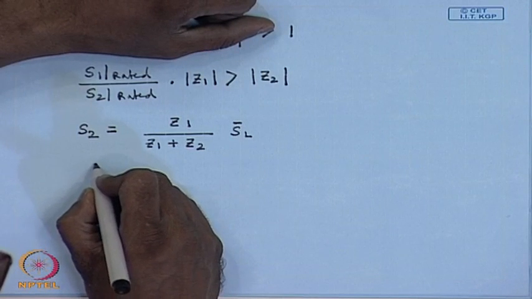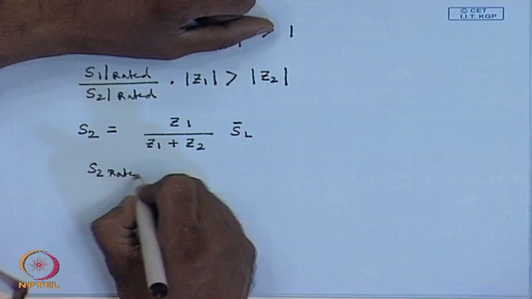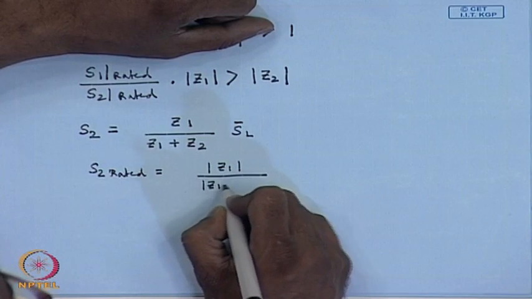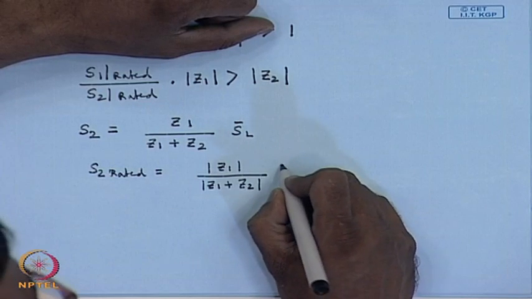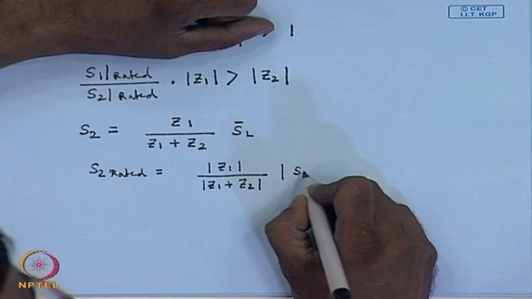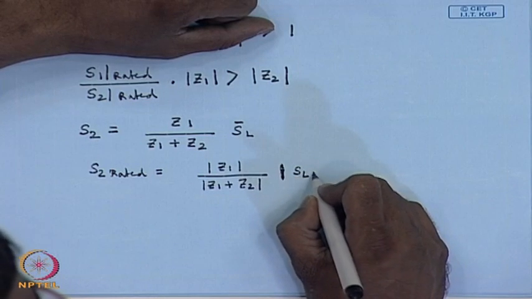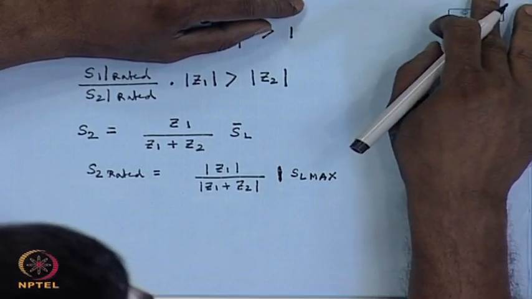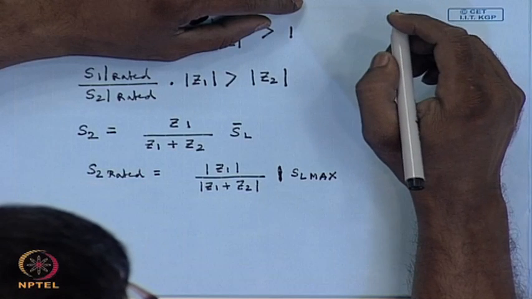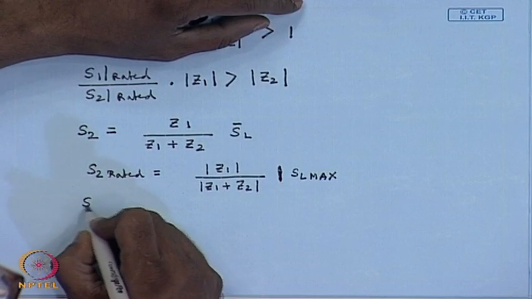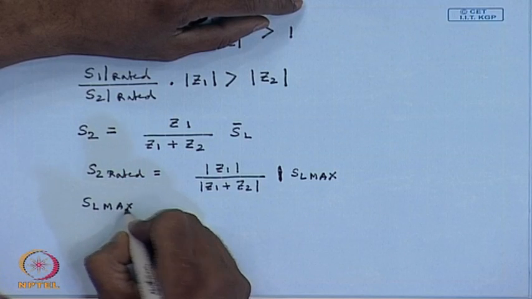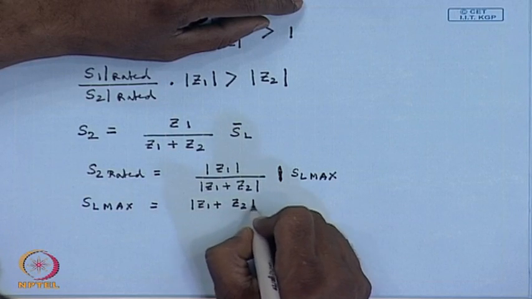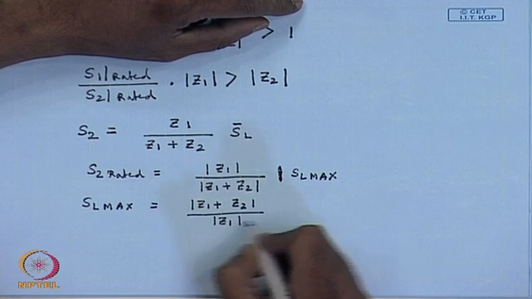Therefore, S2 rated equal to |Z1| divided by |Z1 + Z2| into |SL|, let us say SL max. SL max is the load kVA that is reached when S2 reaches its rated kVA. In other words, SL max is equal to (|Z1| + |Z2|) divided by |Z1| into S2 rated.